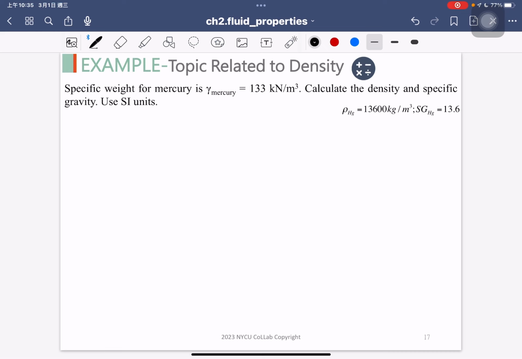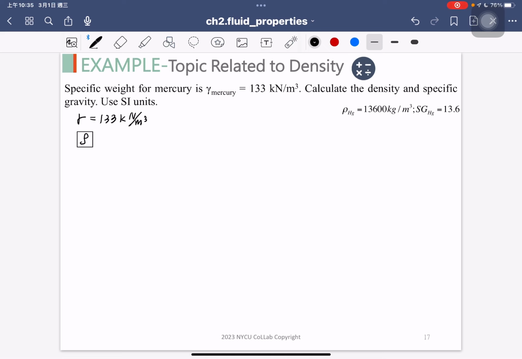First, we should take a look at what the problem is. We know the gamma of mercury, the specific weight, is equal to 133 kilonewton per meter cubed, right? And the problem we need to answer is to calculate the density first and the specific gravity. We don't know the density, so this is our first unknown parameter.